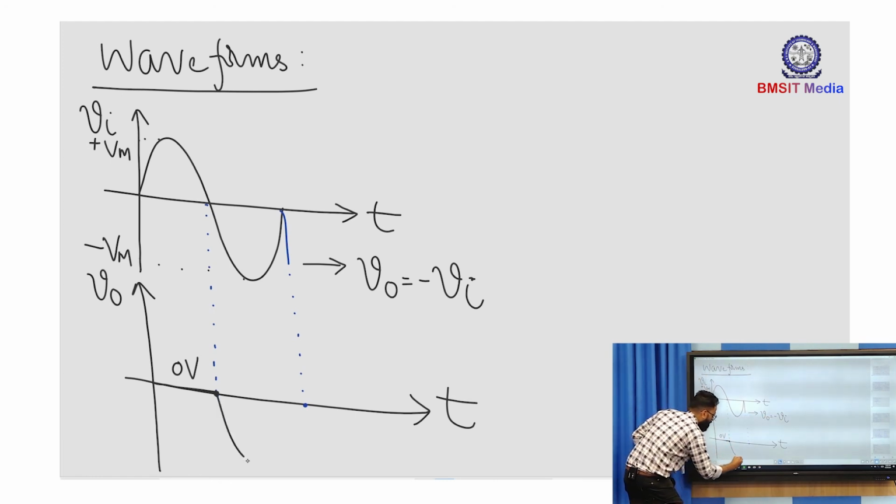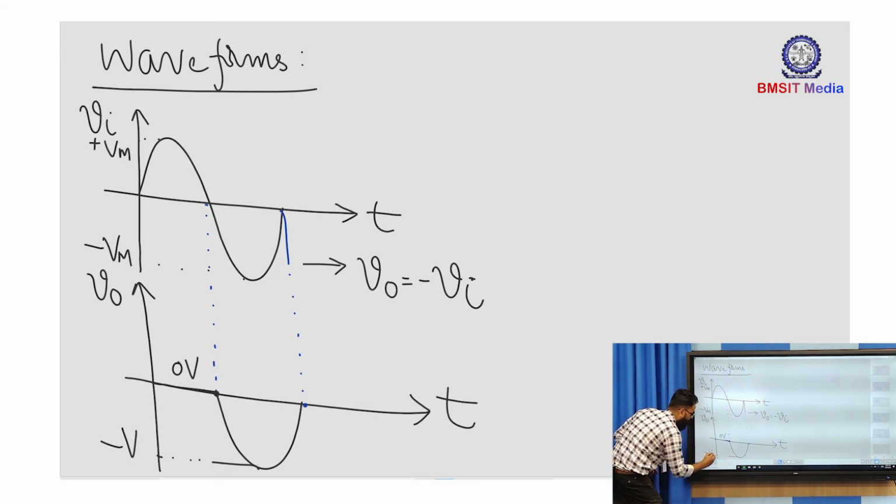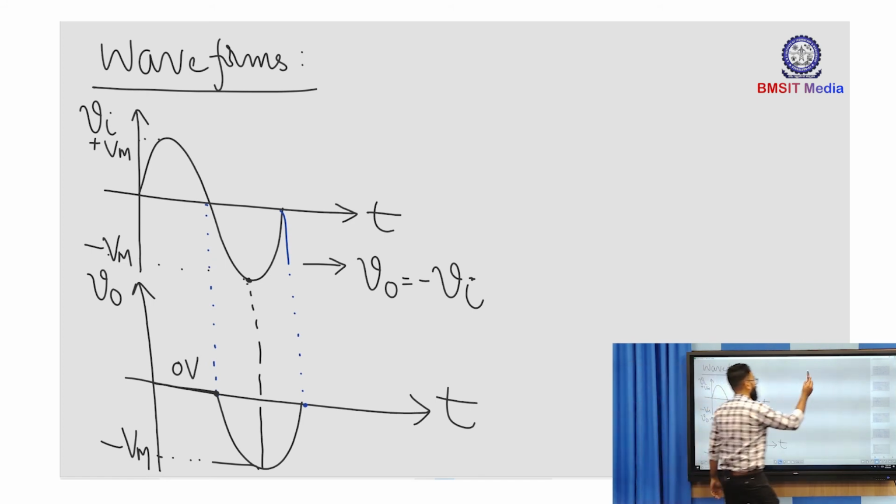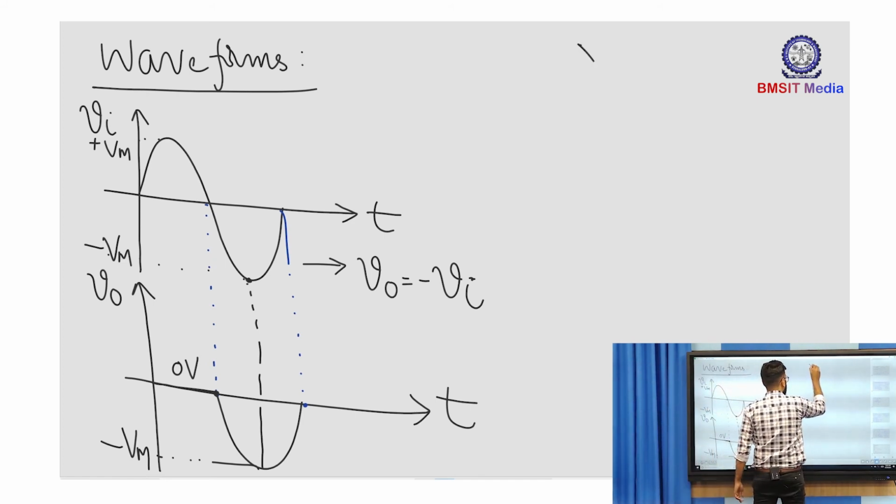So this is how you get the output. Minus Vi. So when the input attains minus Vm, the output will also attain minus Vm. And side by side you can also plot the transfer characteristics.